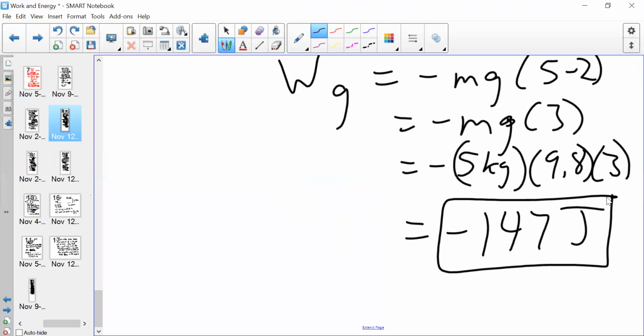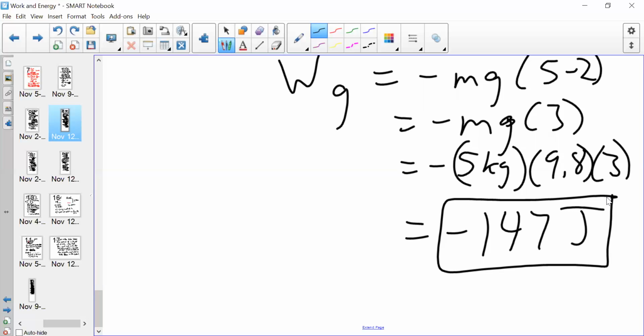So again, you get to see that what we stated is true: the work done by gravity is going to be a decrease in potential energy. The force of gravity is pulling on the mass coming down, so I am losing potential in this amount. And if I raise it back up, I'm going to gain the same amount back.